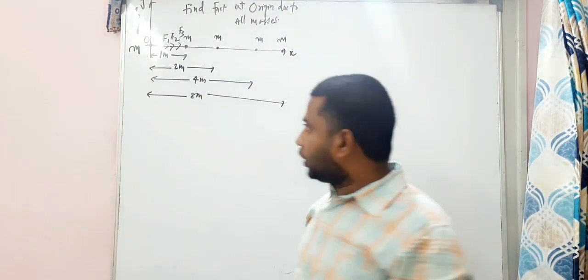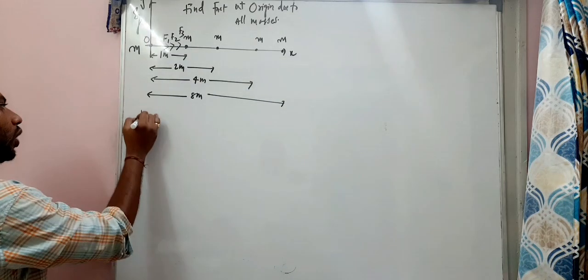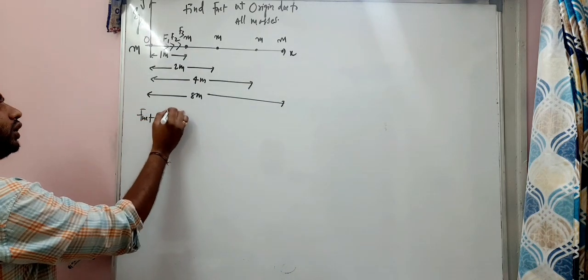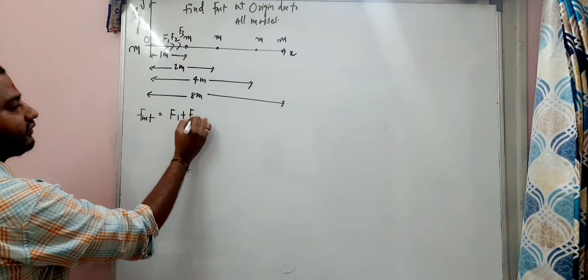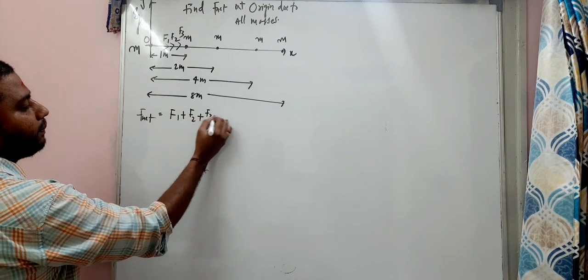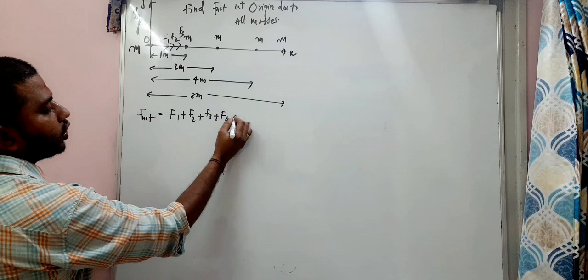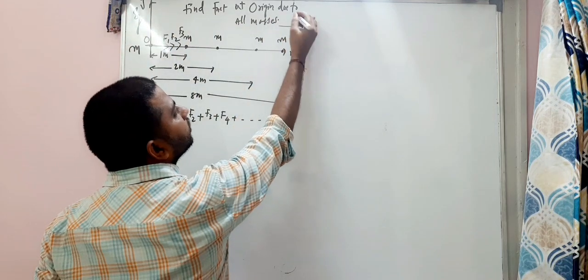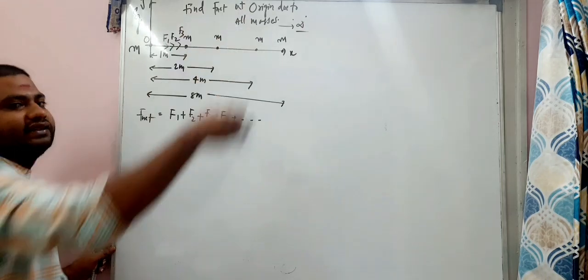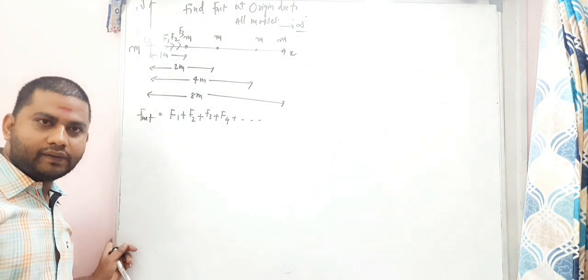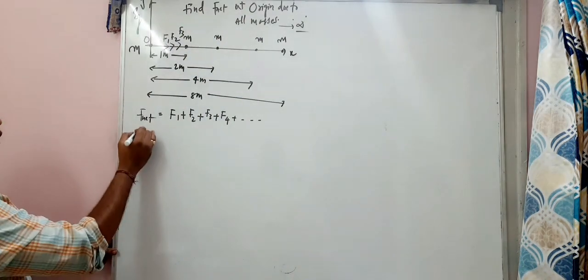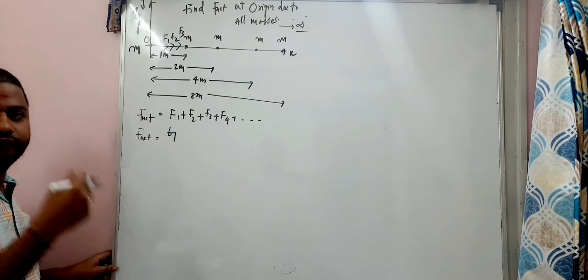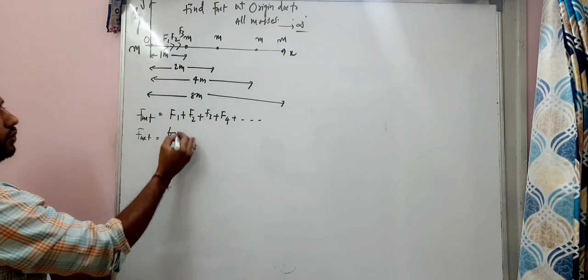Now the net force, I'm talking about the magnitudes, my dear students. Net force is F1 plus F2 plus F3 plus F4, and so on till infinity. So the masses are placed like this. Now F net is equal to F1, which is G into M1 into M2. What is M1? Small m.